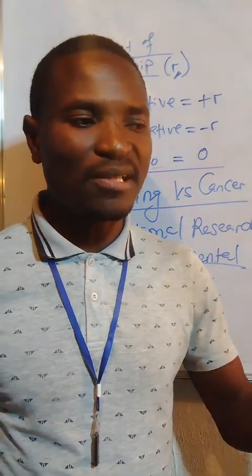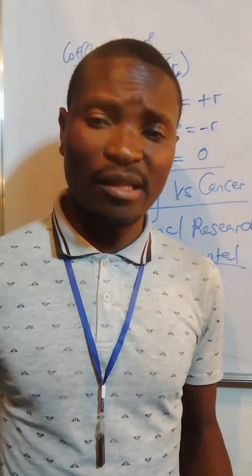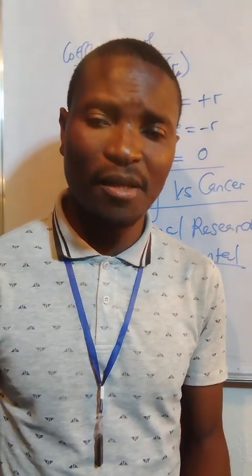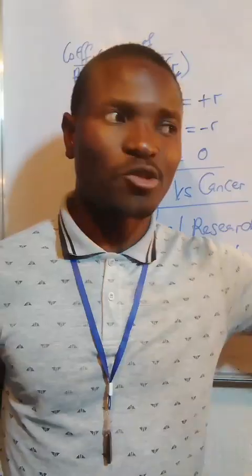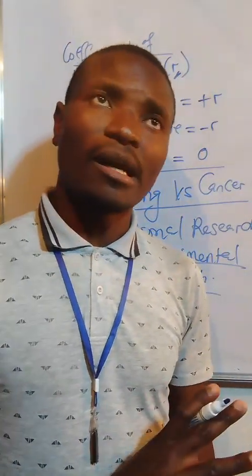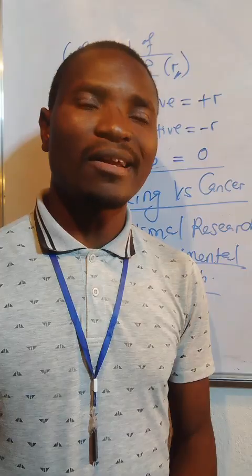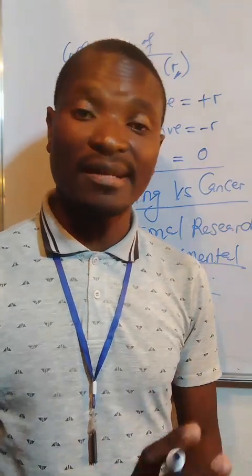It must be something that is doable within space and time, okay. We shouldn't just be doing research for the sake of doing it, but because we want to find out why this is happening, why this is not happening. So you can't perform an experiment on smoking and cancer, okay?